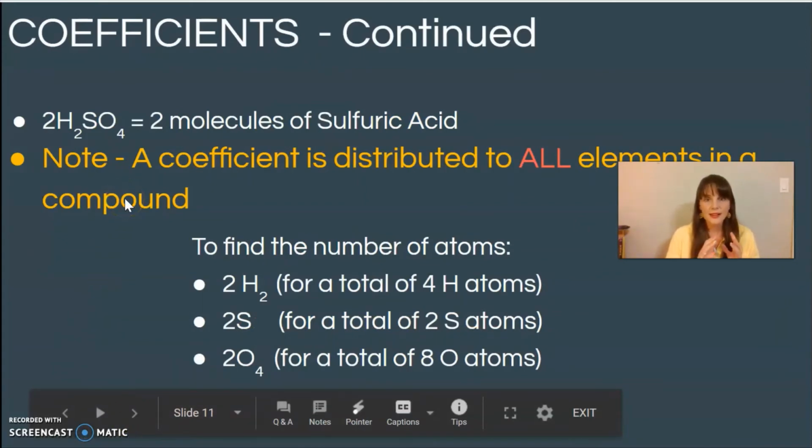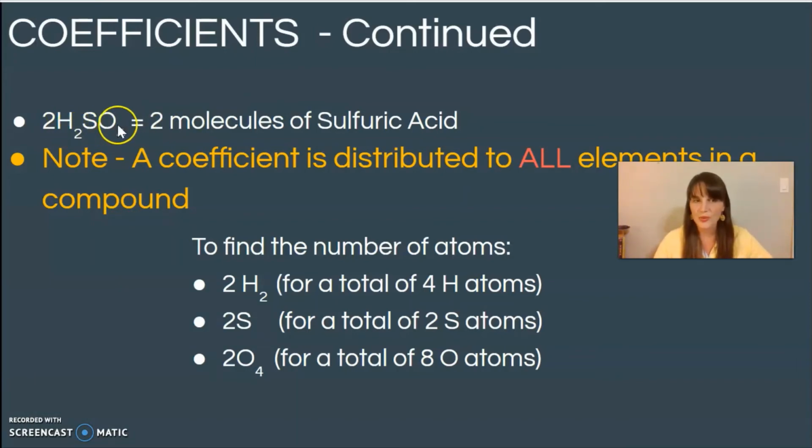So we're talking about coefficients continued. When we have 2 H2SO4, the example before, we have 2 molecules of the sulfuric acid. So the coefficient, as we said, is distributed to all the elements in the compound.